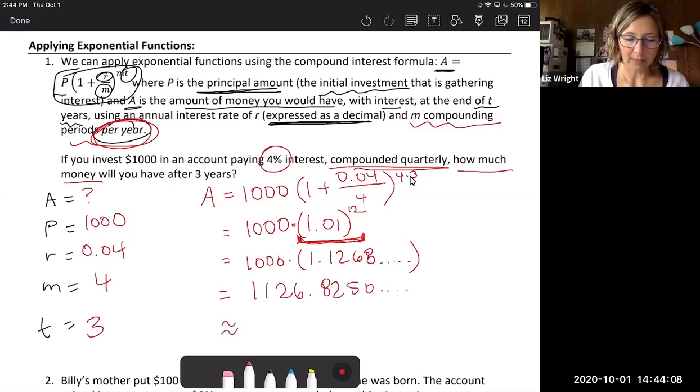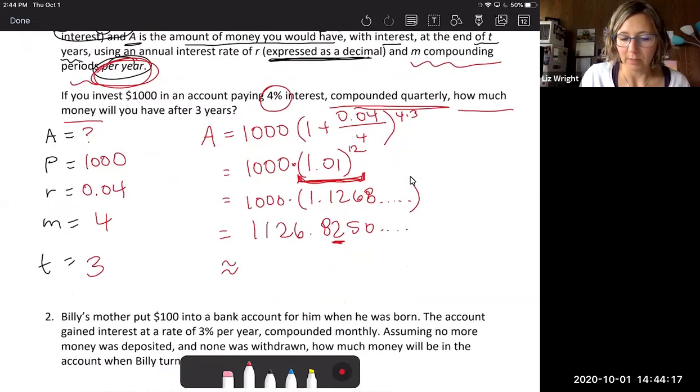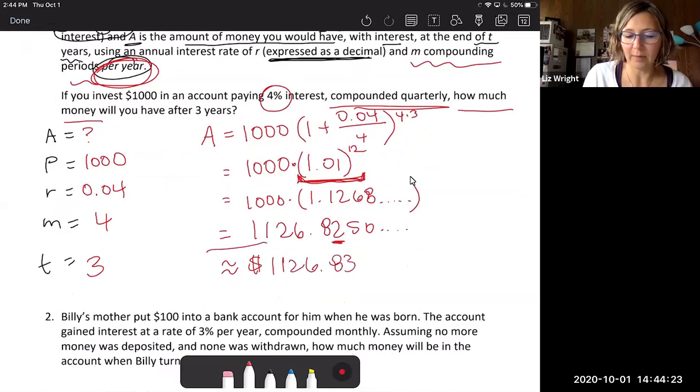So then we're going to estimate that, and it says, well, how much money? And we're going to round to the hundredths place. How much money is that after 3 years? So it's going to be approximately $1,126.83. And again, I'm putting approximately because we did just round it. All right.